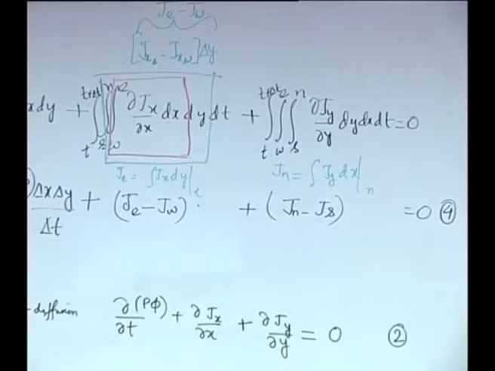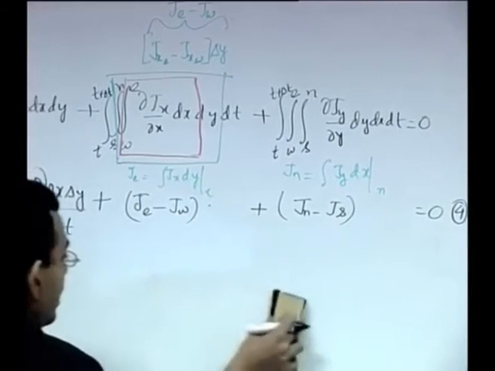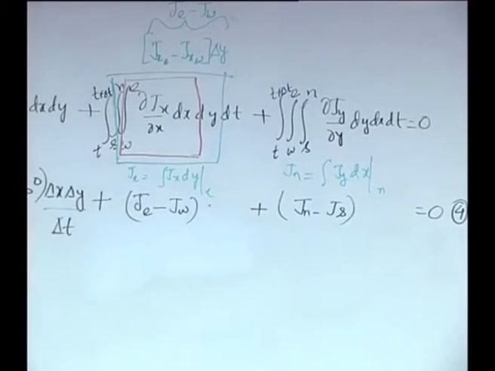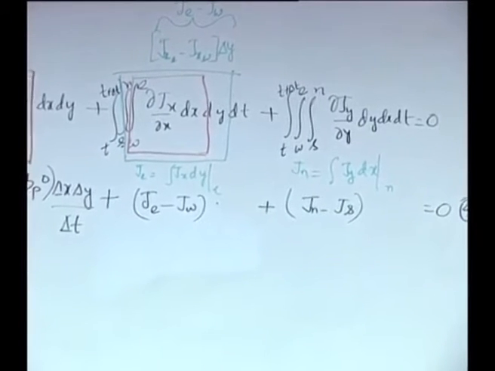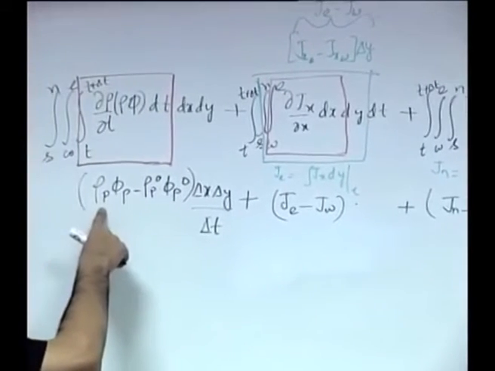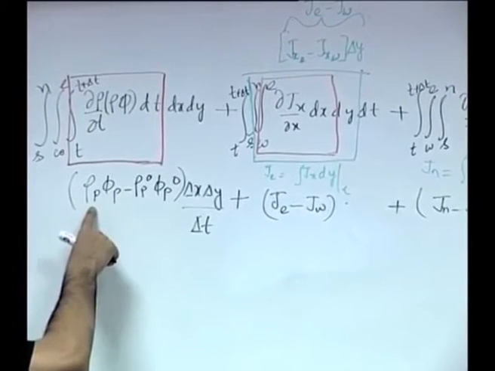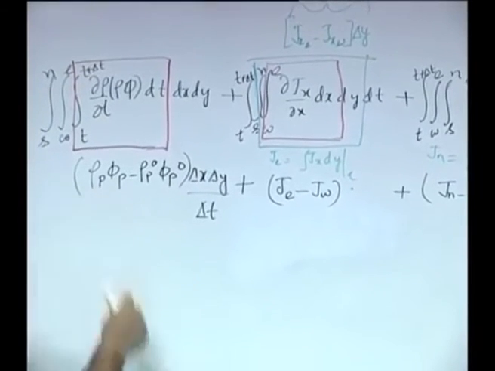Equation number 3 is the discretized continuity equation, and equation number 4 is the discretized convection diffusion equation. Now, you can see here that an additional variable, density rho P, has appeared.